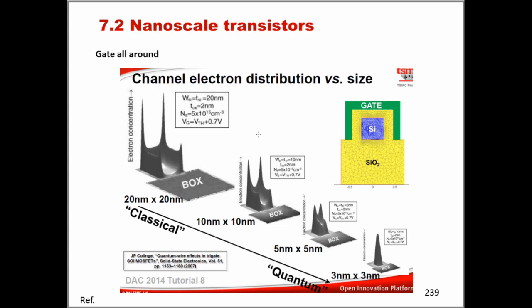In that situation, we not only discussed the dispersion relation and where the energy levels are and so on, but we also had a look at the wave function, so where physically the electrons are.